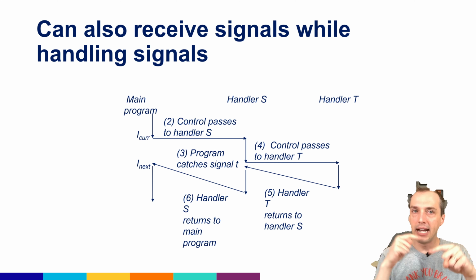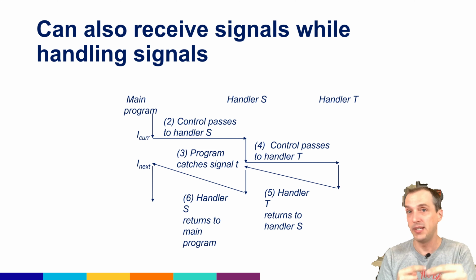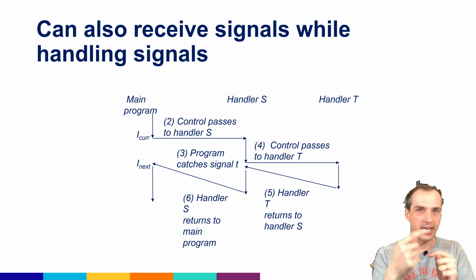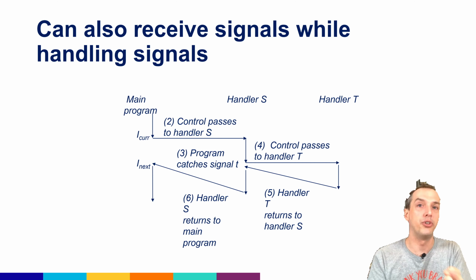So if I'm handling a signal and I'm just doing user level stuff and somebody sends me a different signal, I'm going to keep doing that user level stuff until I do a system call or until I get swapped out due to a context switch.